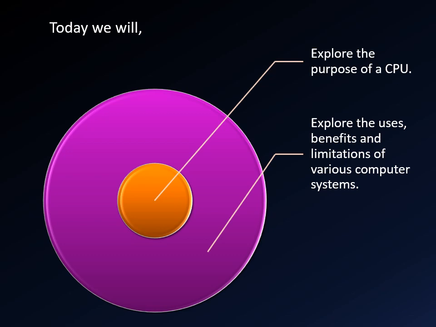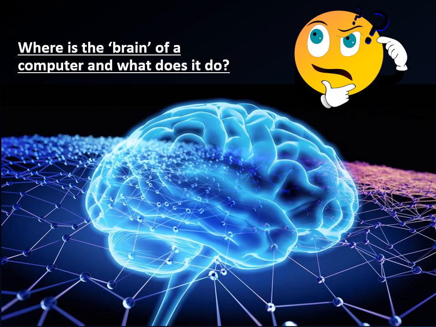You need to pause the video as well and write these in your books so that you are able to go back to these to say whether or not you have learned about the CPU, and we've explored the benefits as well. Where is the brain of a computer and what does it do? Think about it.